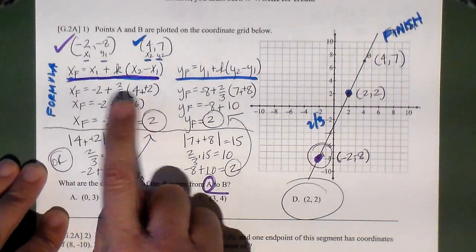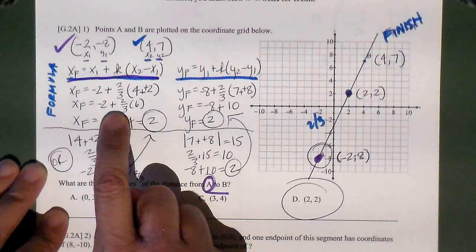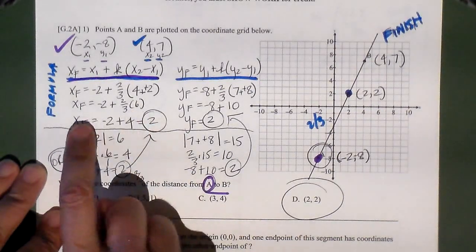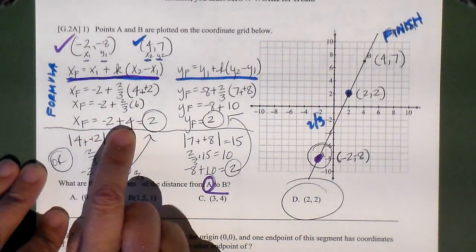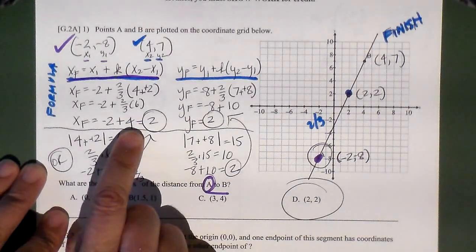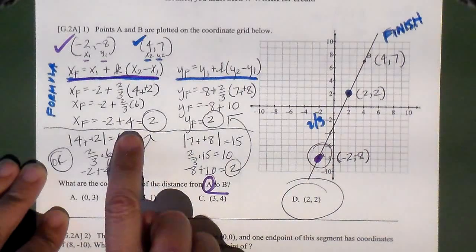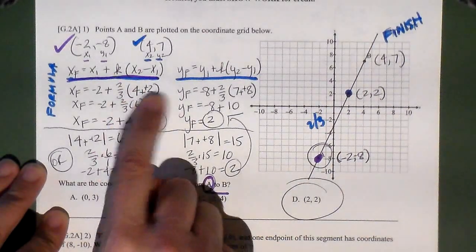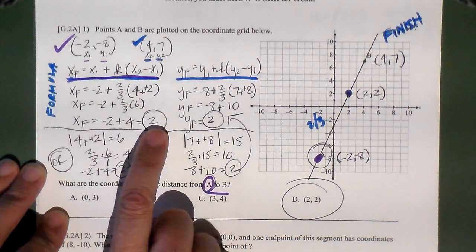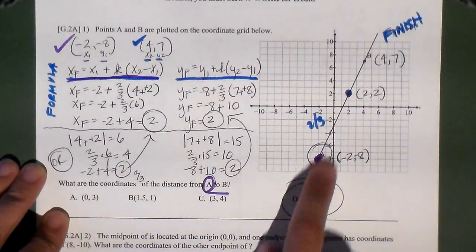So all I did was plug in. Then from there, that gives me -2 plus 2/3 of 6. And from there, that gives me -2 plus 4, because 2/3 of 6 is 4. And -2, your starting point, plus 4, which is 2/3 of your distance, is 2. So the x-coordinate is 2.